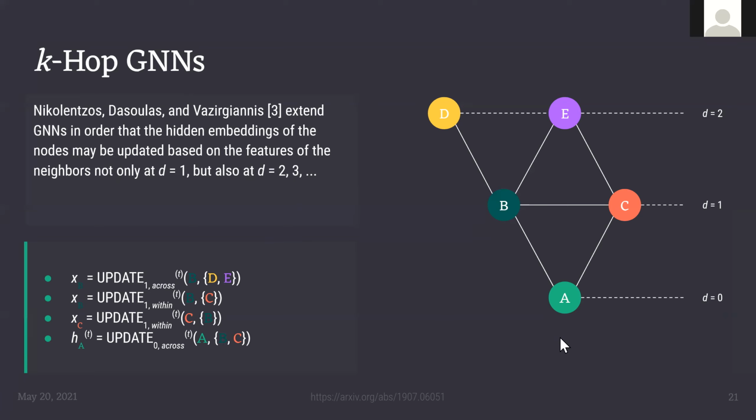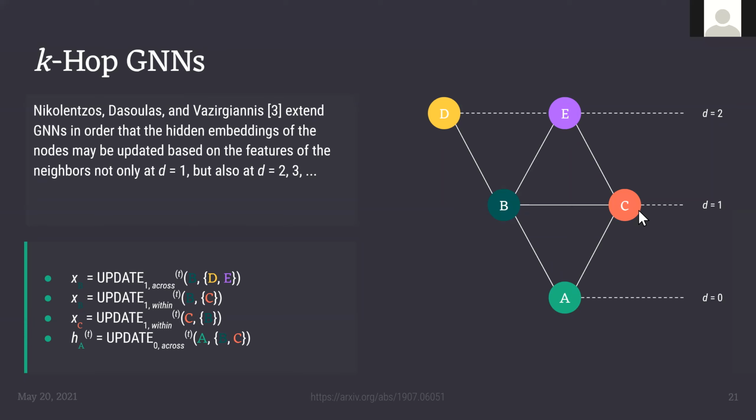Let's say we want to update A. For the one-dimensional version of the graph neural network that we saw before, you would normally just aggregate B and C representations. But if we go two-dimensional, we would first of all update B based on the representation of D and E.